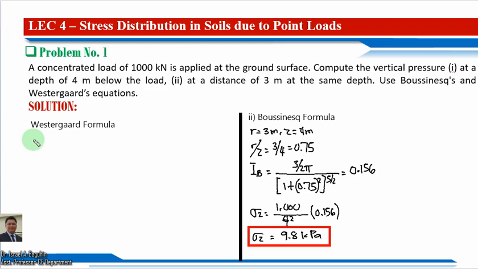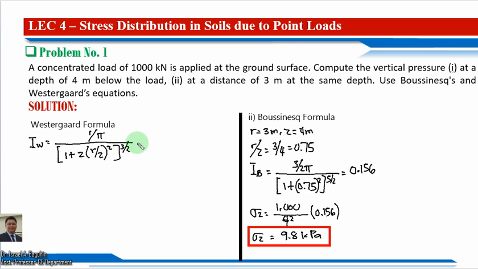So our I subscript W is just equal now to, first we have this 1 over pi here, and then in the denominator we have this 1 plus 2 times r over z squared, and we are going to raise this one to the power of 3 halves.